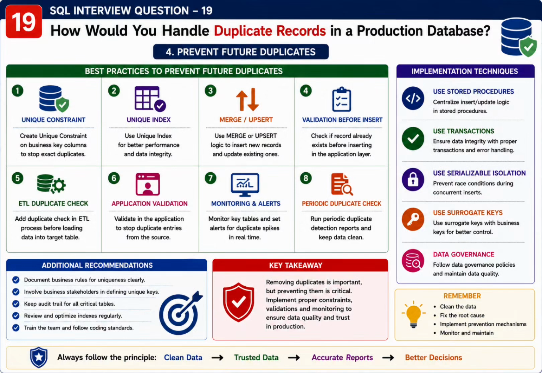If appropriate, I use merge or upsert logic to update existing records instead of inserting duplicates. I also implement monitoring and alerts so that if duplicate records suddenly increase, the support team is notified immediately. The goal is not just to remove duplicates but to make sure they never happen again.